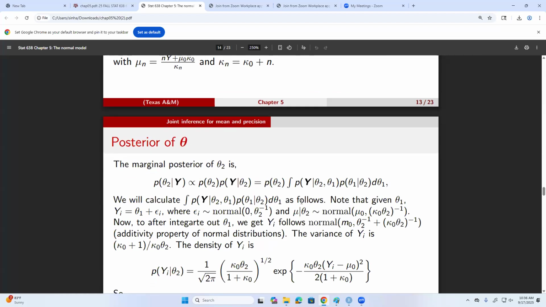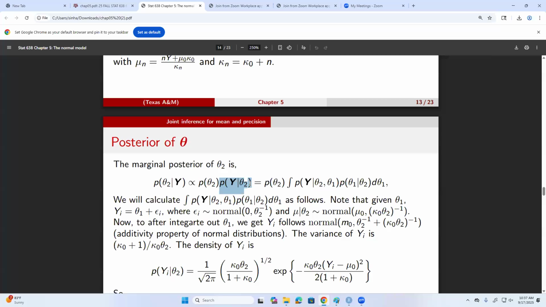Now, the marginal posterior of theta 2 given data is the prior distribution of theta 2 times the likelihood in terms of theta 2.